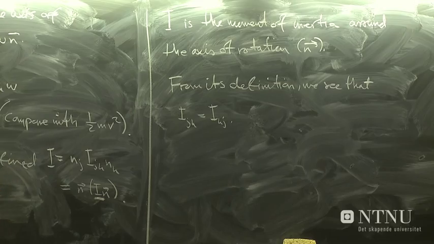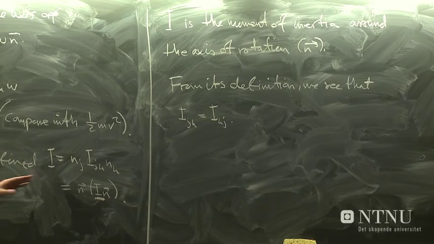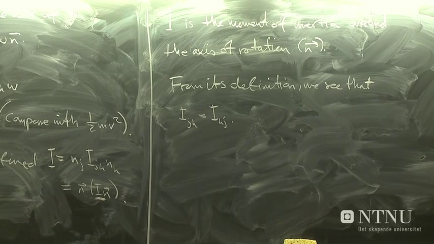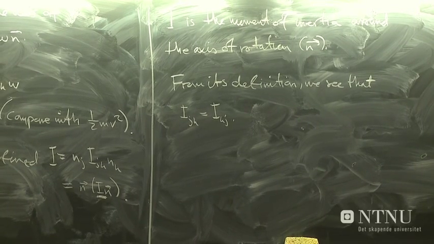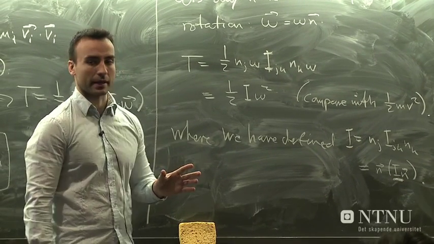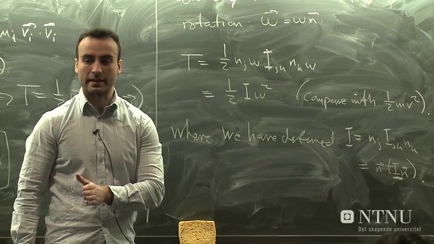So you see that the elements of the matrix of inertia satisfy this relation, if you consider its definition that we gave in terms of the integral of rho of r and then r squared Kronecker delta minus this xj xk.